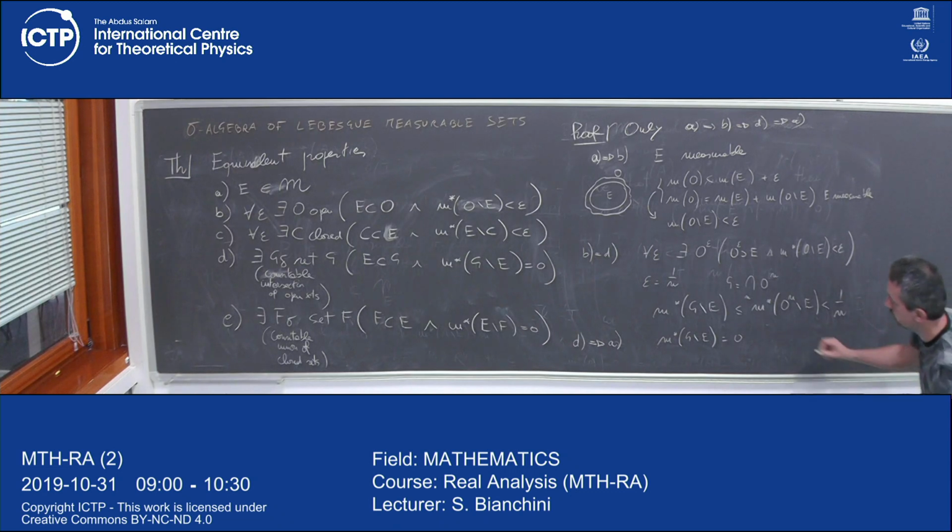The measure is 0, so I subtract this piece from G, and so E is the complement of the union of the complement of G and G minus E. Okay, now it's clear. This is measurable, this is measurable, the union is measurable, the complement is measurable.